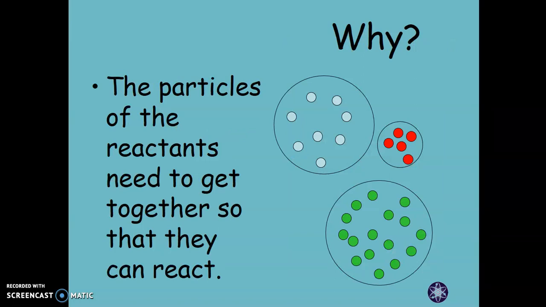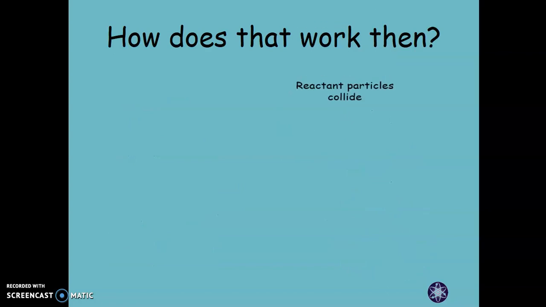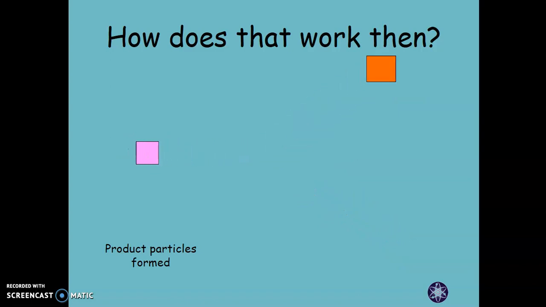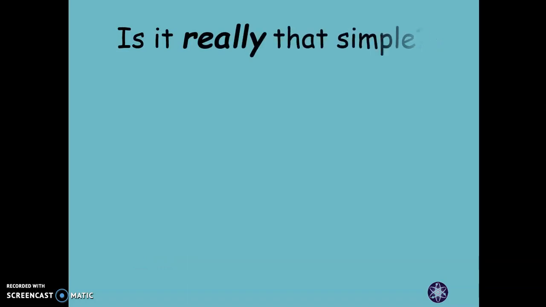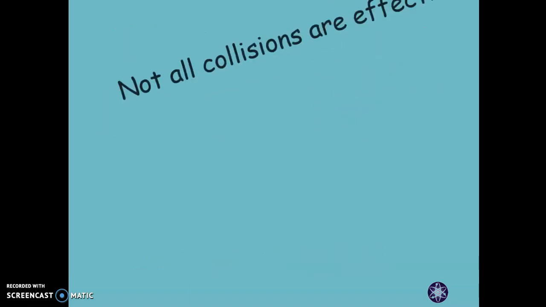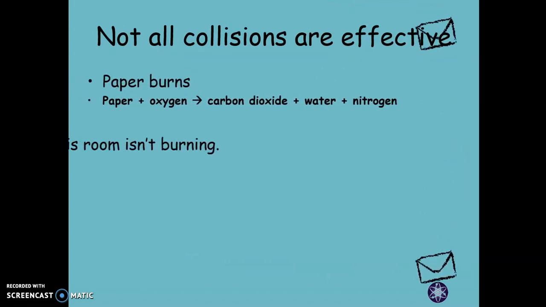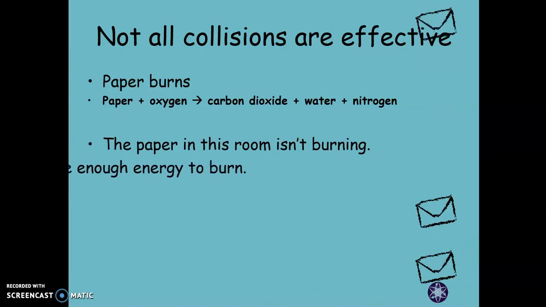The particles of reactants need to get together so they can react. How does that work then? Reactant particles collide. So here we have 2 reactants, collide, reaction, and they form products. Is it that simple? Well, it is, but there are other factors to consider, as we've said. Not all collisions will be effective. A good example of that is paper.